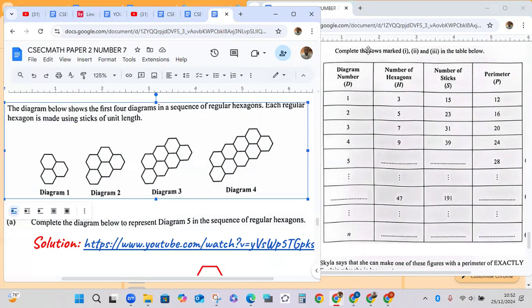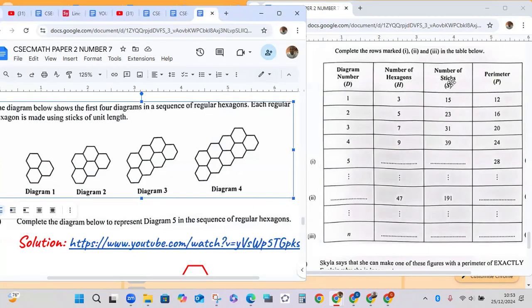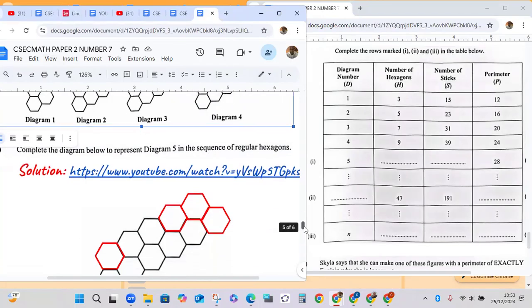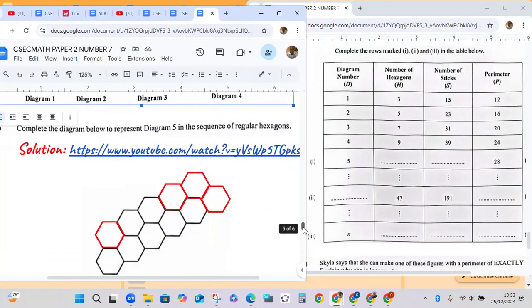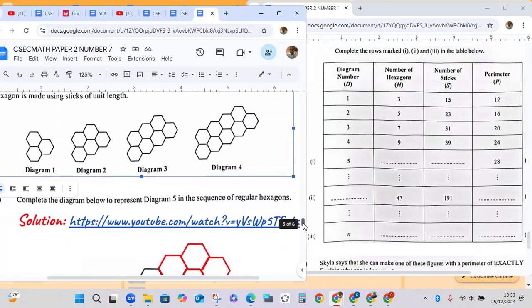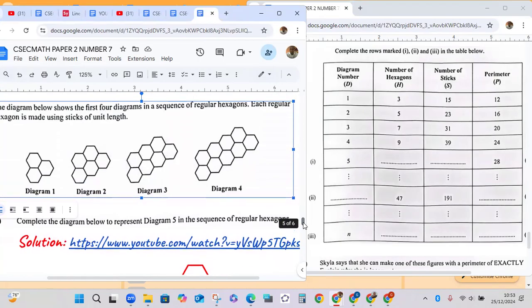So now we have to complete the row, the number of hexagons, and the number of sticks for diagram 5. So we can follow the pattern. There are different ways you can do that.